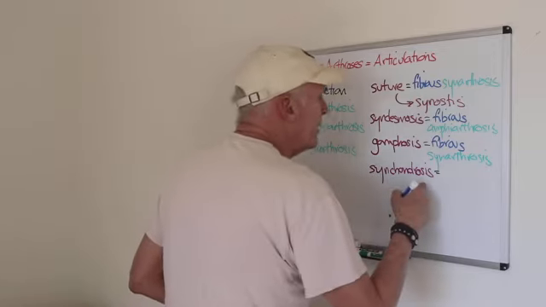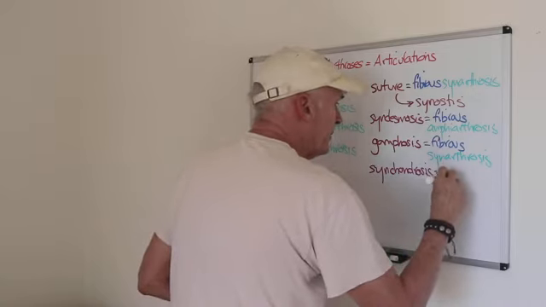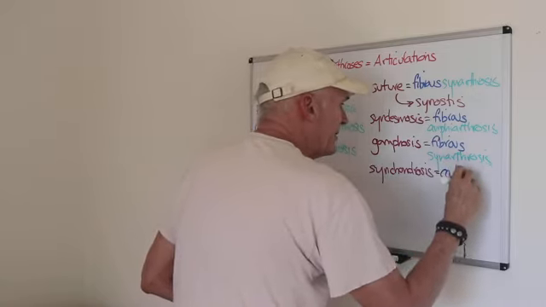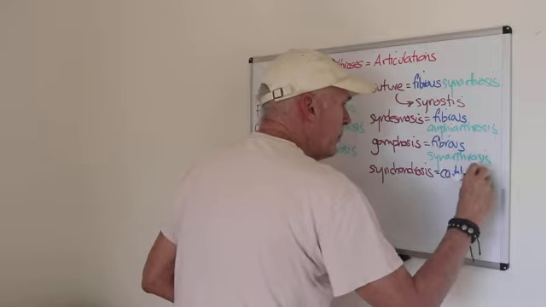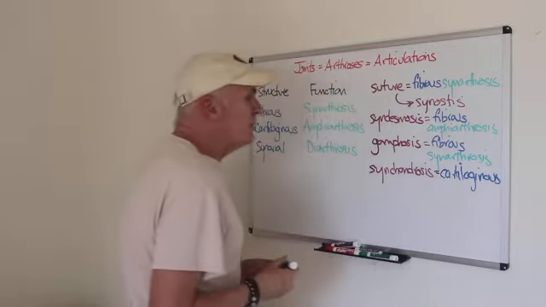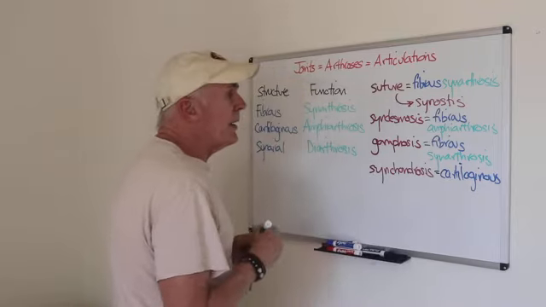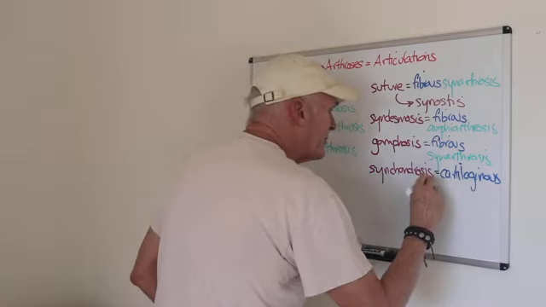A synchondrosis is a cartilaginous joint, and it's immovable, so it is a cartilaginous synarthrosis.